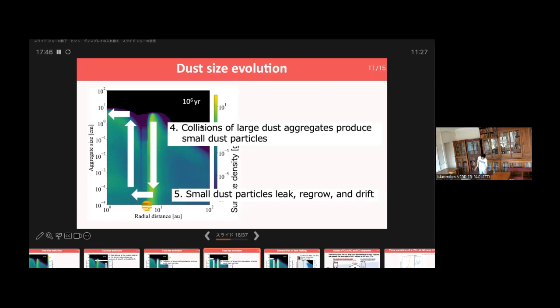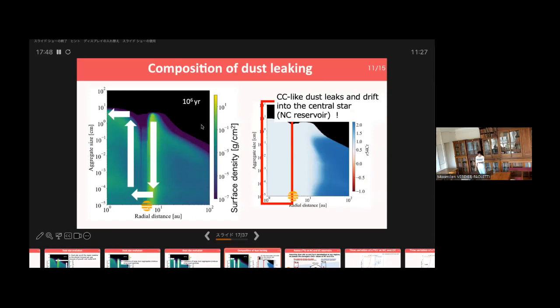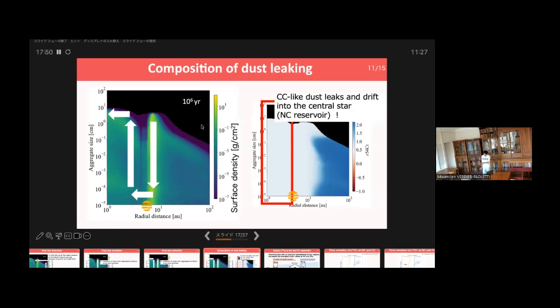So the main point of this topic is the composition of dust. This is a picture of the epsilon chromium at 10 to 60 billion years. In this case, the composition of dust at the region inside the gas gaps has an epsilon chromium value of 0.7 or 1.